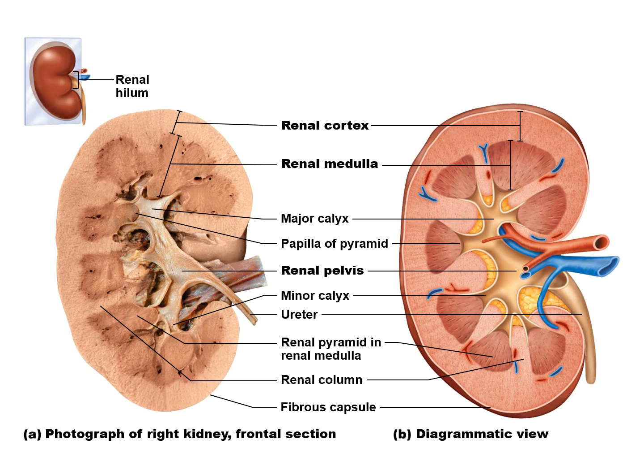So if you take a look at the right-hand side, you can see what's called the capsule on the outside. Remember I said it's kind of a dark maroonish color or brownish color. And then what would look like the letter C, that's all the renal cortex. And then you have the area where you have those pyramids, and that area is called the medulla. So you can see the columns that are in between the actual pyramids. And then at the tip of each of those pyramids, you have a structure that's called the papilla of the pyramid.